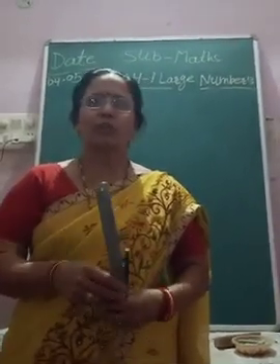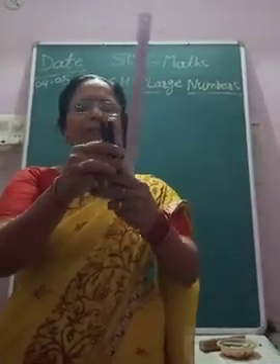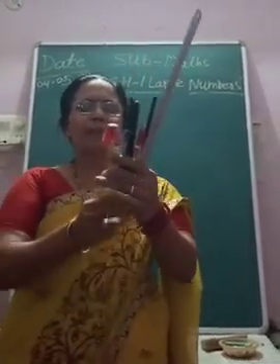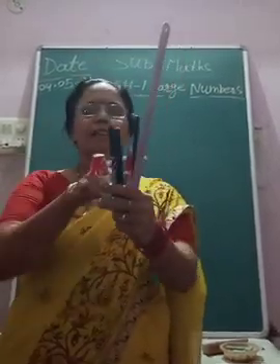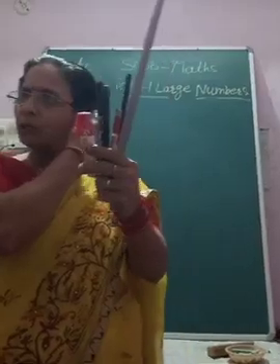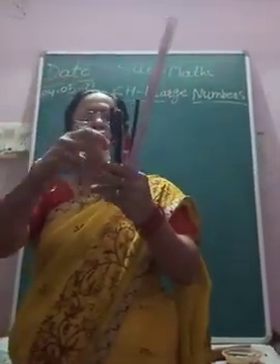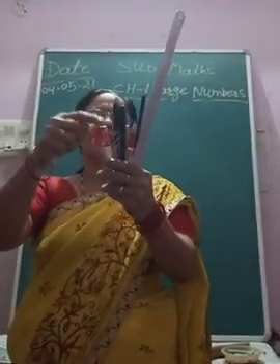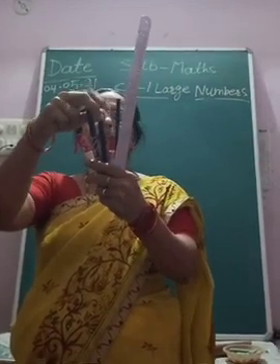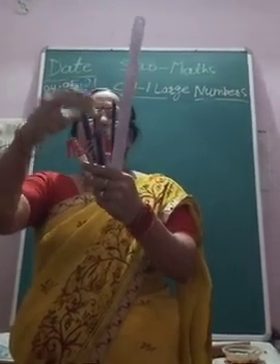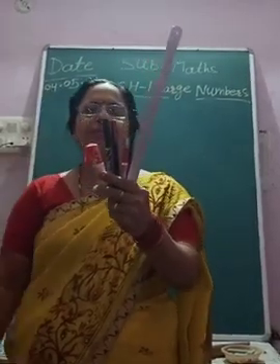So first, see, I have taken some pens and pencils. This one is a whitener, this is a scale. I have kept them like this. First I have kept the whitener here, then a black pen, then this black pen, then this red pen, then you have a pencil.